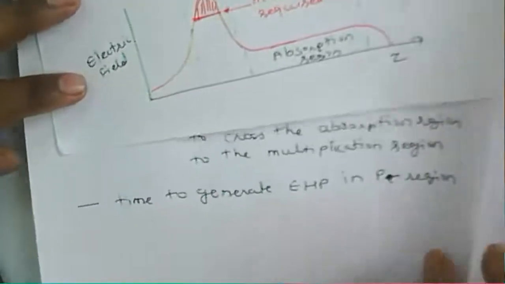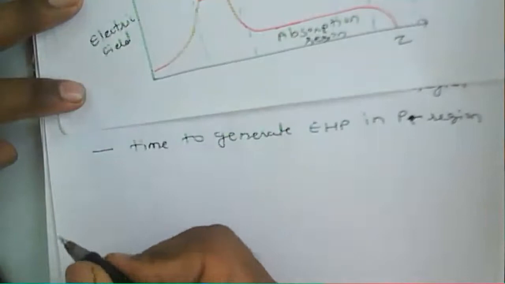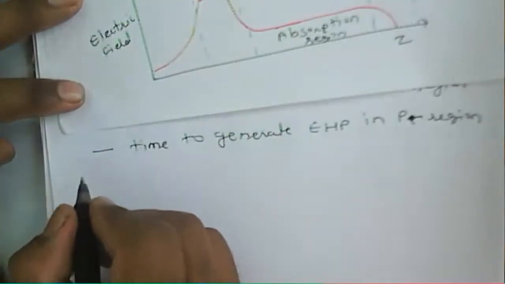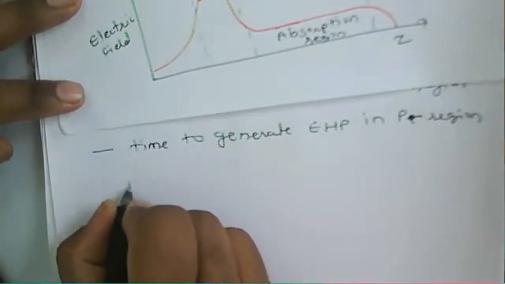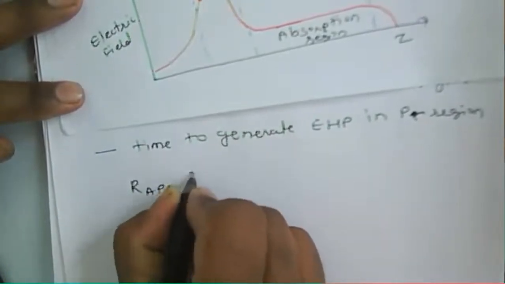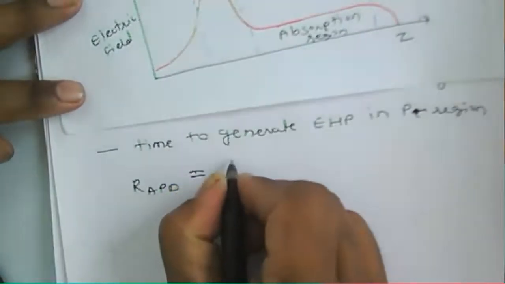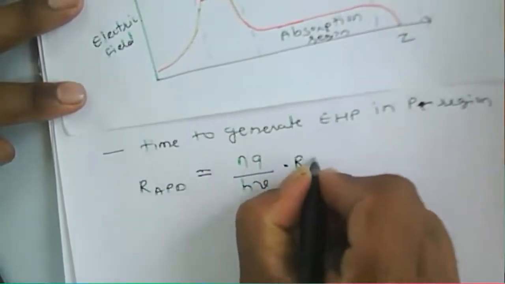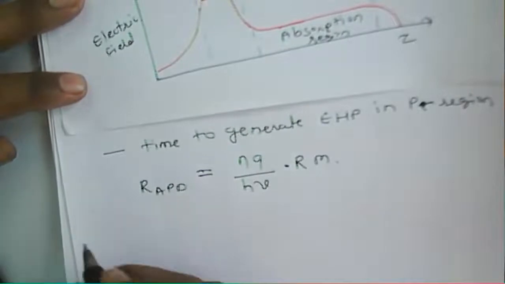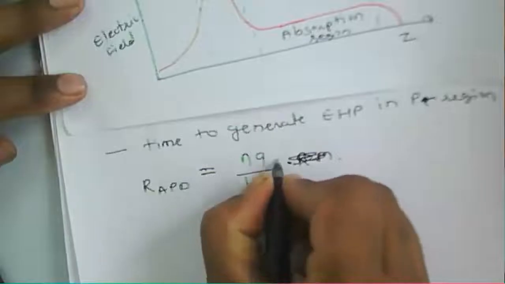So that's why the response time of this particular APD we can calculate similar to the PIN photodiode. That is, the responsivity of this APD is equal to N Q by H V, times M. Sorry, that is M here.